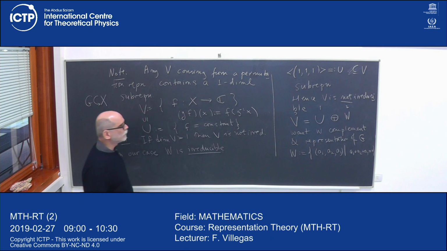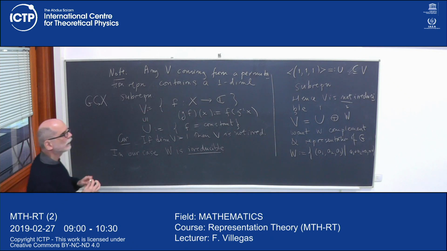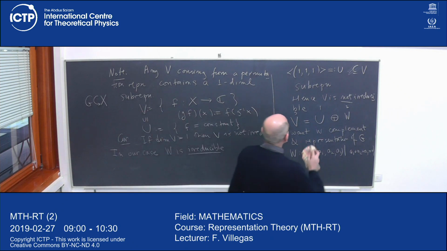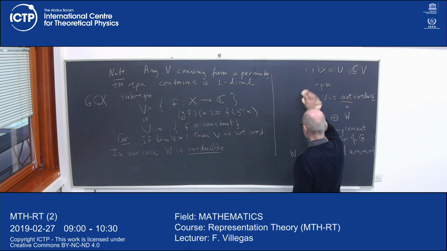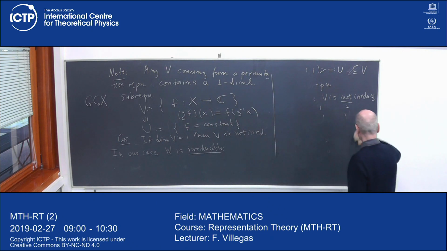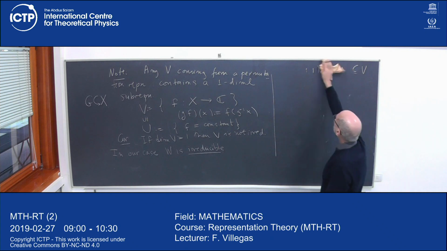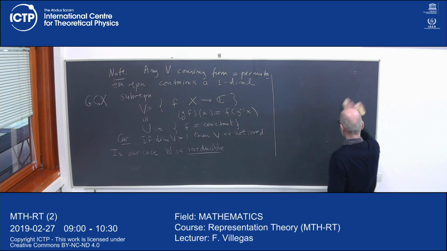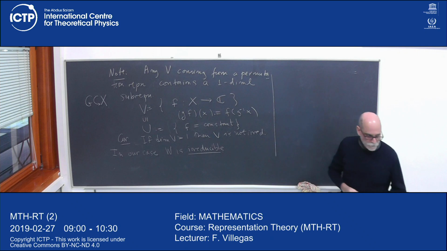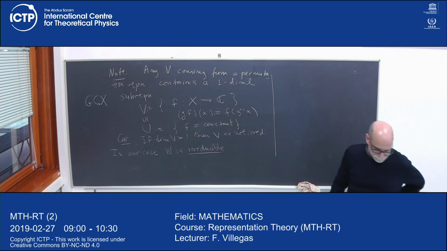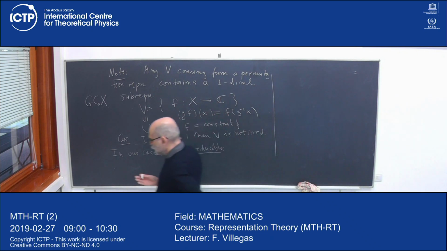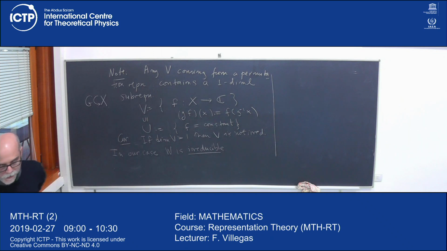And irreducible means, by definition, that it doesn't have proper sub-representations. So W is a dimension 2, and to say that it's irreducible, to say it has no proper sub-representations, is to say there's no line that is fixed by the group.